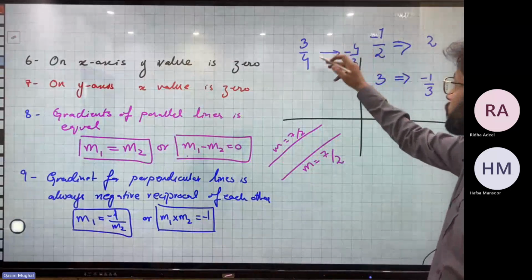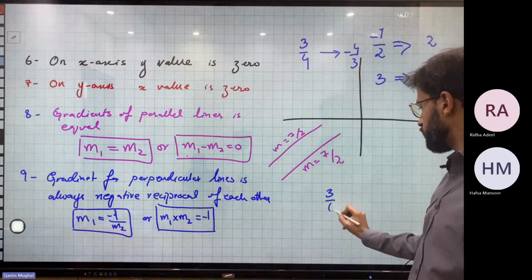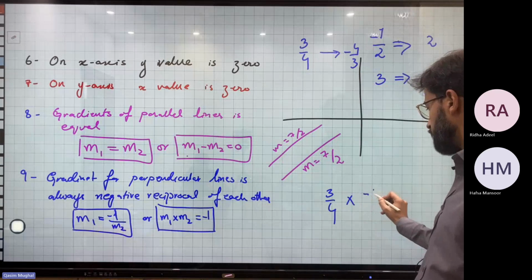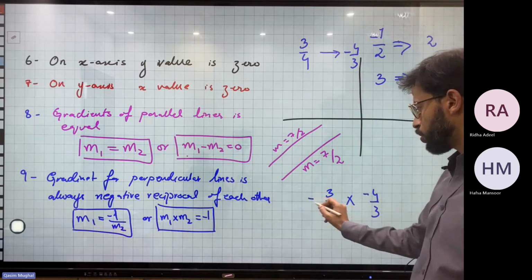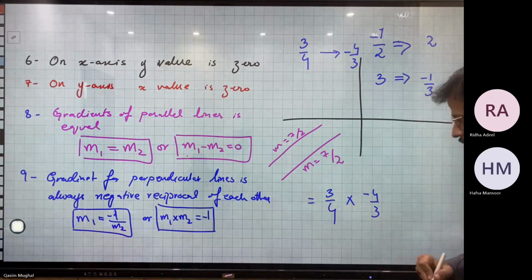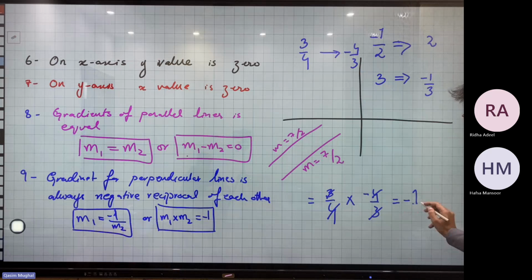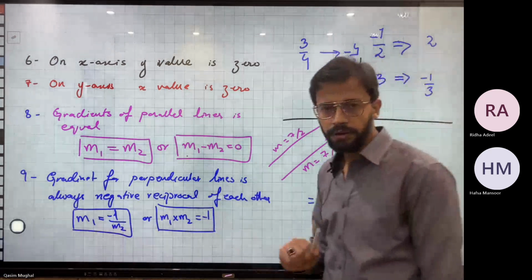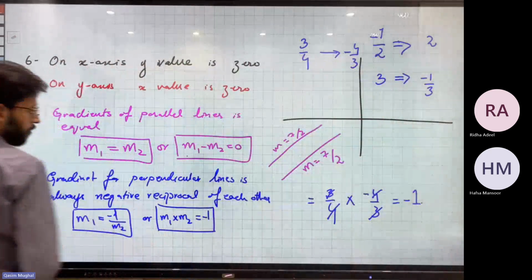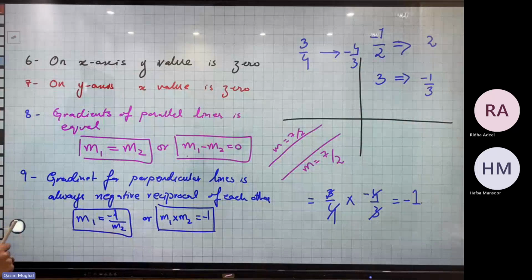Let's pick any number from here. So एक का ग्रेडियंट 3/4 था, दूसरी का ग्रेडियंट था -4/3. I want to show the examiner कि ये दोनों perpendicular हैं एक दूसरे के, तो आप इसको सिंप्लीफाई करेंगे and you will see that you will eventually be left with -1. ठीक हो गया? अच्छा जी, ये था आपके पास 9th पॉइंट.